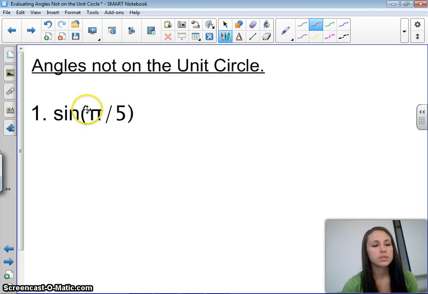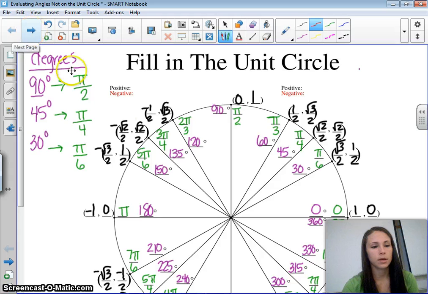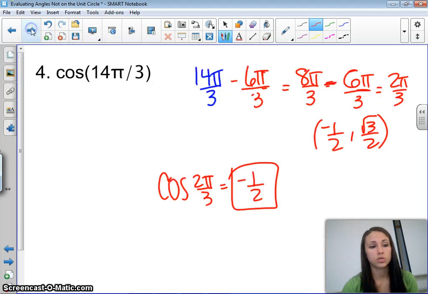But the way that I know this is never going to be on the unit circle is because if I look at the unit circle, this is pi over 5. And if I look at all of these denominators, none of the denominators are ever 5. And so if you ever have a denominator that's not 6, 4, 3, or 2, that angle is never going to be on the unit circle no matter what you do.